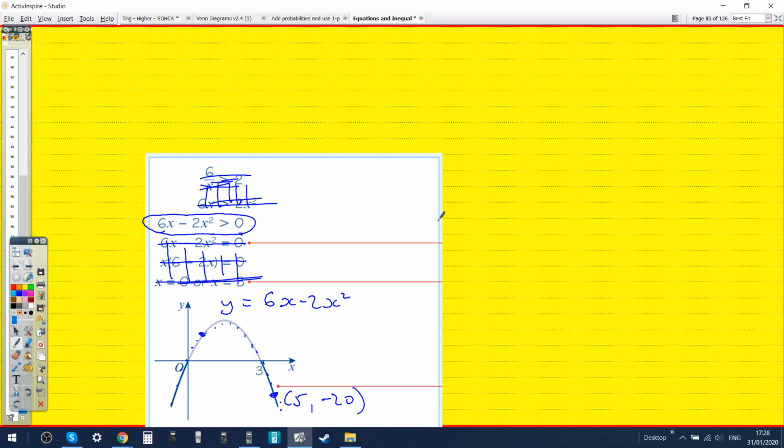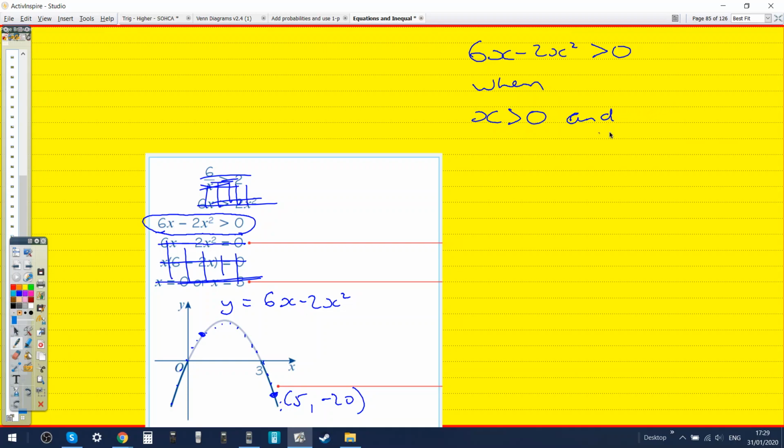So x is larger than 0, I think. Yep. But less than 3.